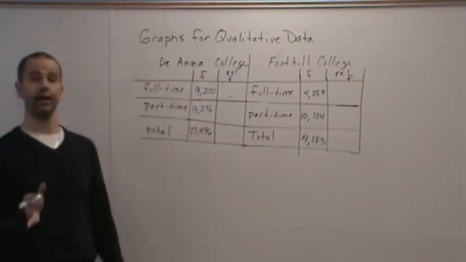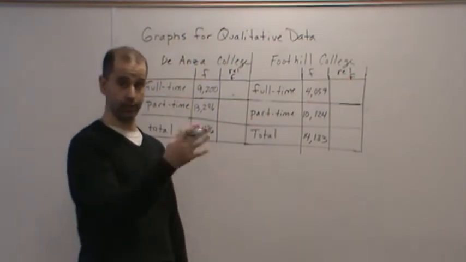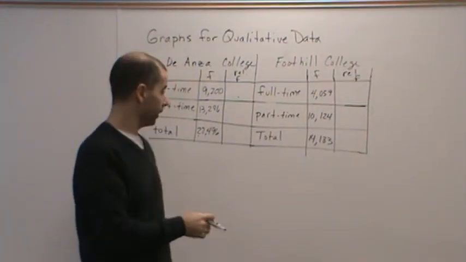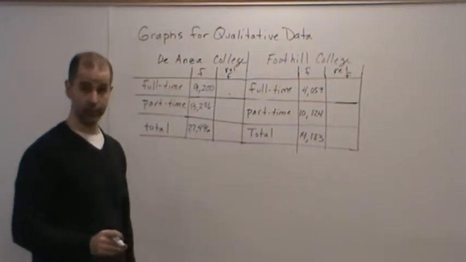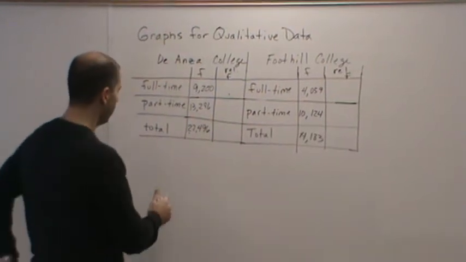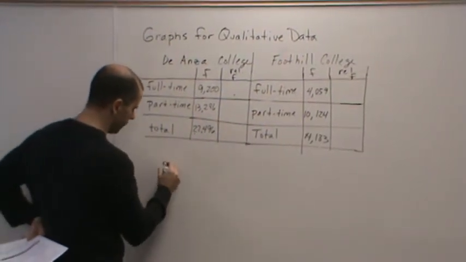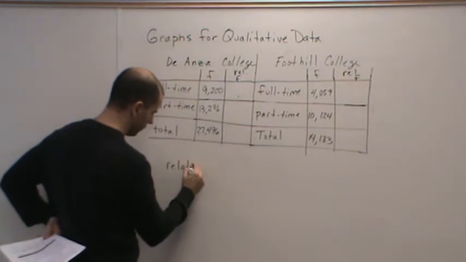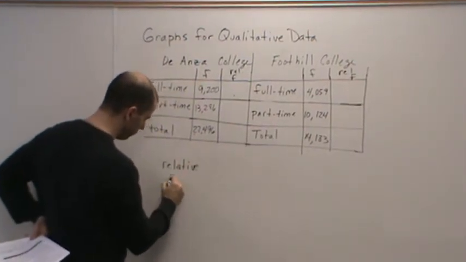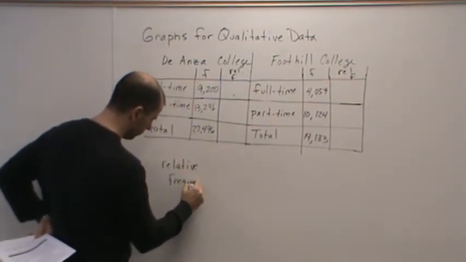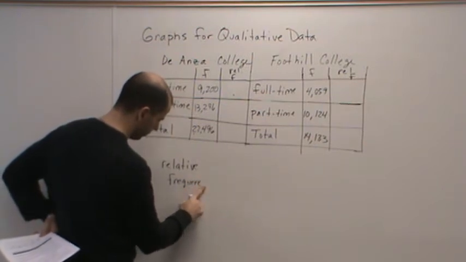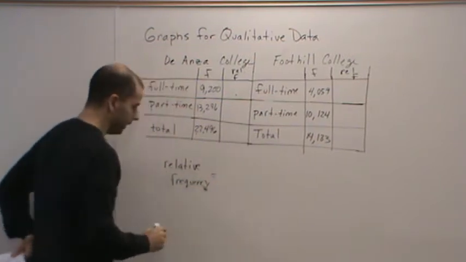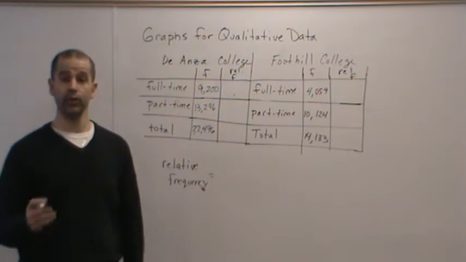Now I'm going to show you how to calculate relative frequency so you can see where they get the numbers from. Because it's directly from the frequency column. Okay? So here's relative frequency. Relative frequency is calculated by using this formula.